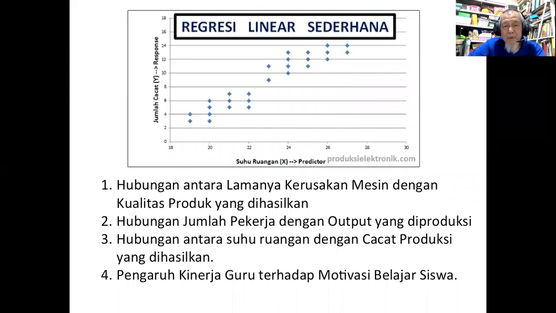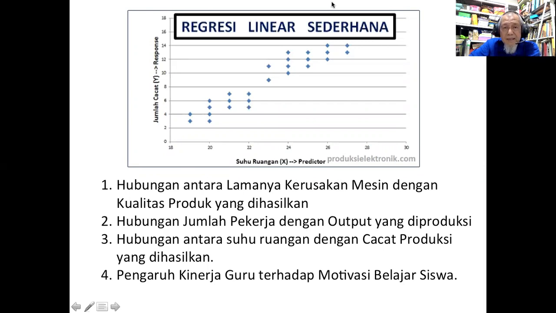These are examples of a study that would try to see the effect of the independent variable on the dependent variable. The relationship between the length of time of the machine damage and the product quality. So when the machine is damaged, and how long it is damaged, we can predict that the product will also be damaged, in terms of the volume of the product.